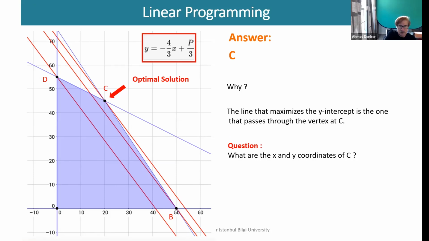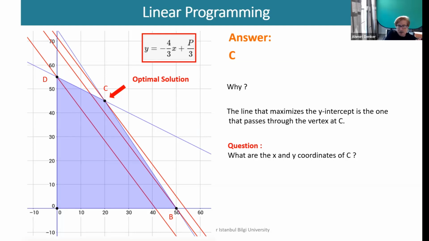What do I mean by the optimal solution? The solution which maximizes P. So what remains is to find the X and Y values at C. How can I find this? Does anybody have a clue about the solution?